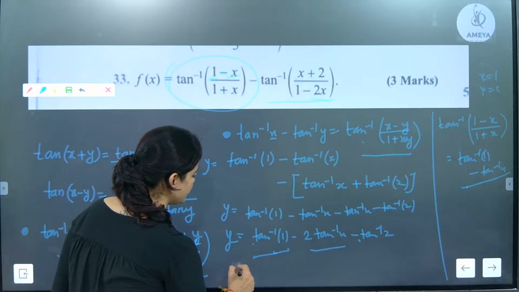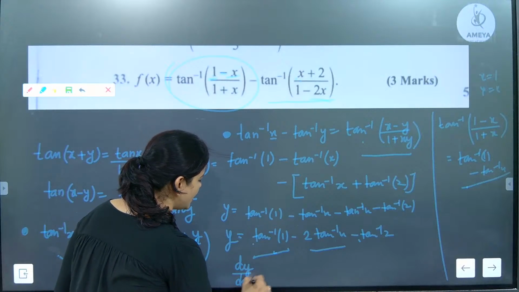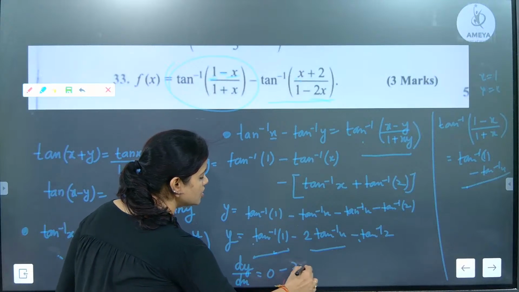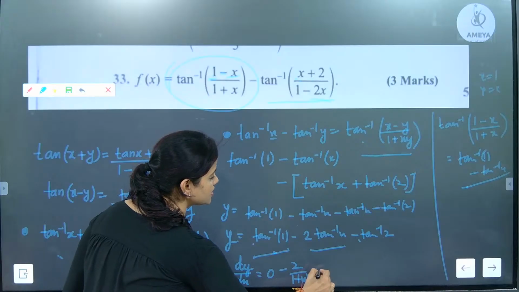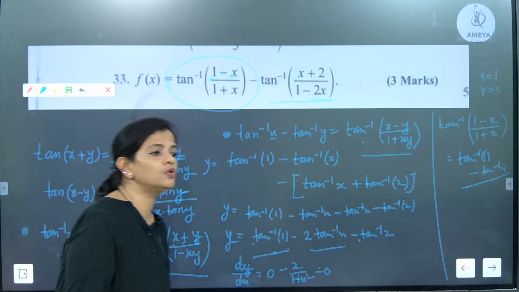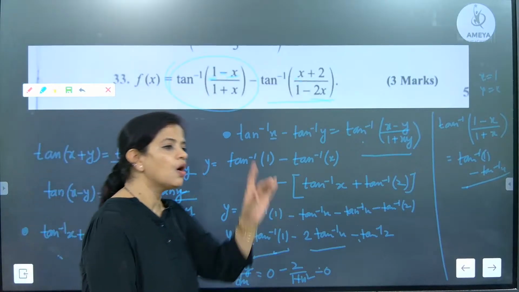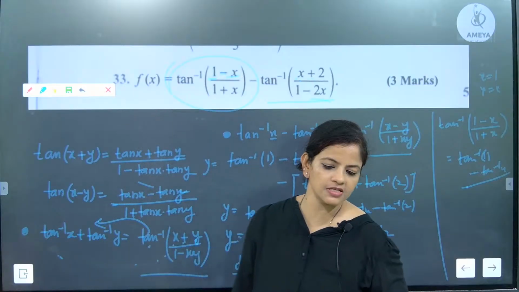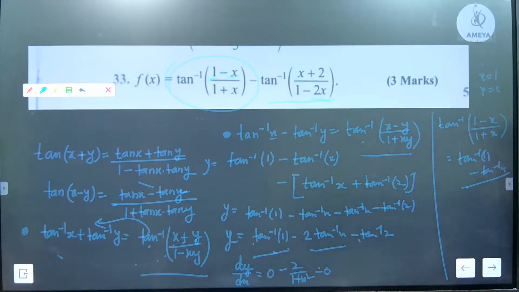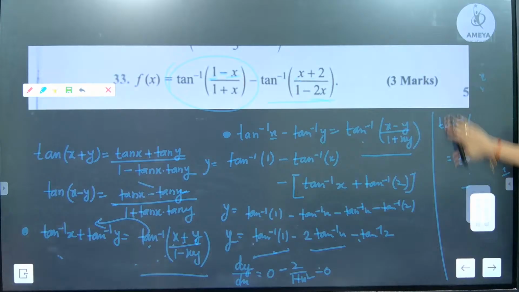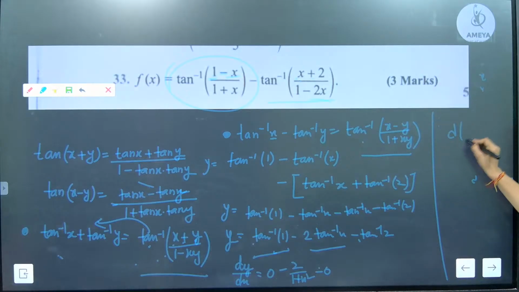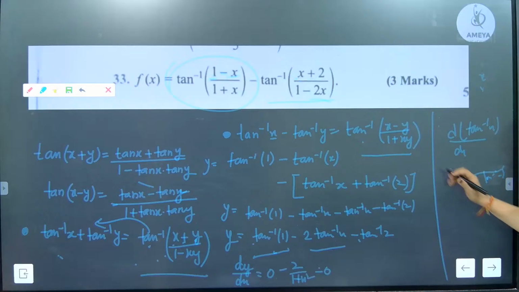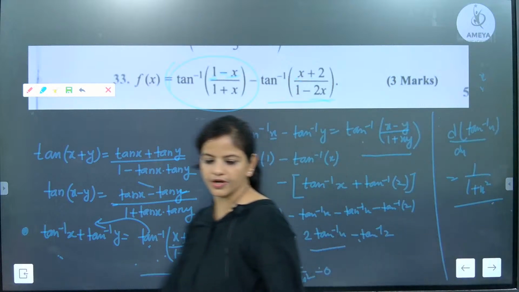So a direct differentiation will become dy/dx: this part is 0, minus 2 / (1 + x²), and minus 0. Because we know the differentiation of tan⁻¹x is 1 / (1 + x²). What is the differentiation of tan⁻¹x? Come on, say. Write down, beta. The differentiation of tan⁻¹x is 1 / (1 + x²). Come on, go for it.